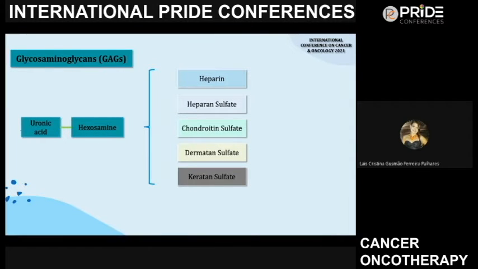First of all, what is chondroitin sulfate? So, chondroitin sulfate is a type of glycosaminoglycans, or GAGs for short. And GAGs are carbohydrates that present in their structure repeated units composed of an uronic acid and a hexosamine.